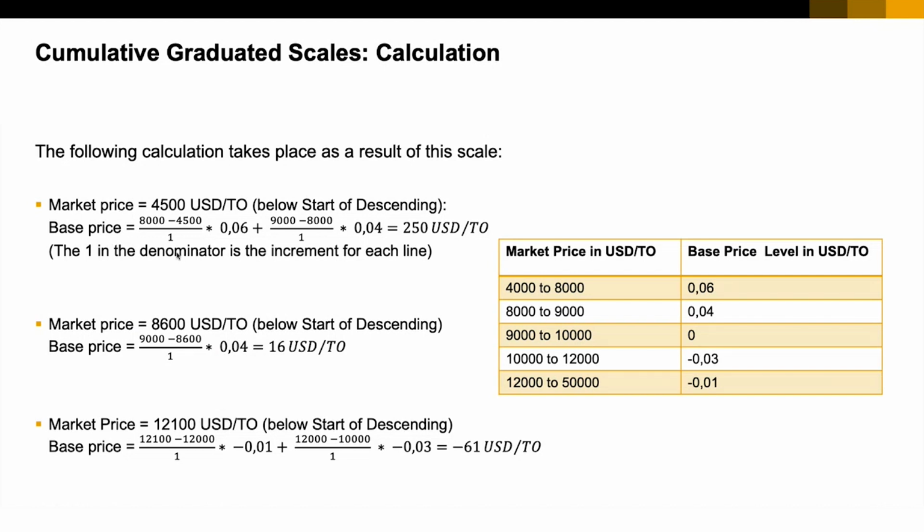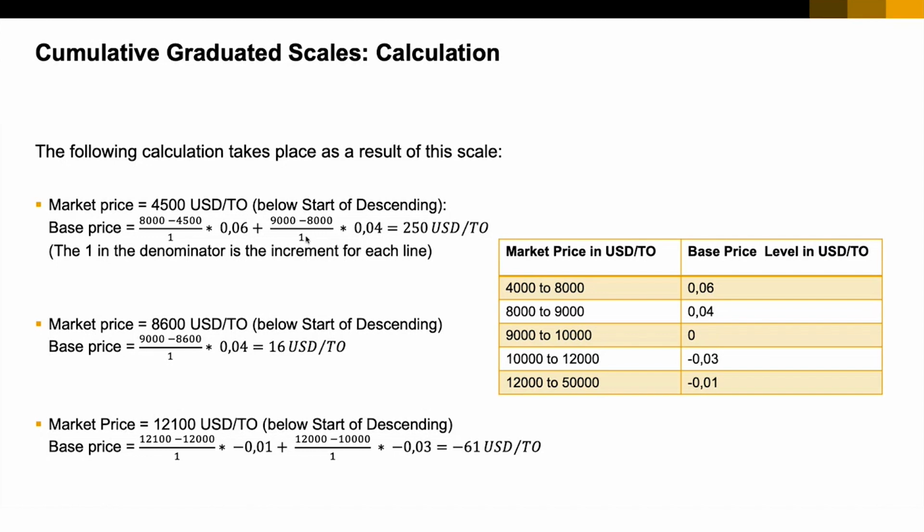the price. So if, let's say, the market price was 4,500, the base price is calculated based on, since 4,500 is between this range, it takes the lower end or the greater part of the scale, and this is what it uses: 8,000 minus 4,500, and this is the base price level which it needs to accumulate for.